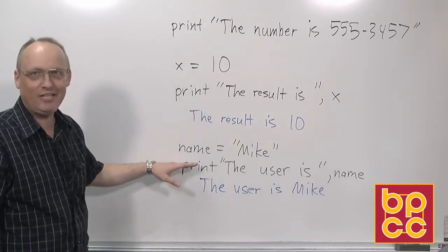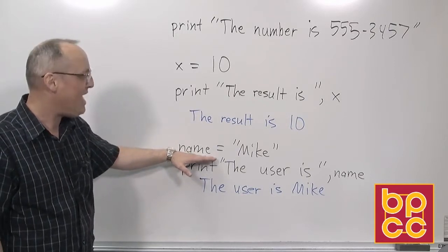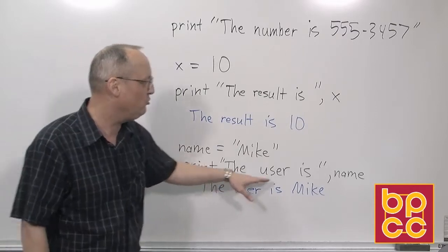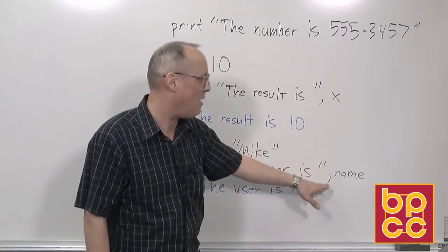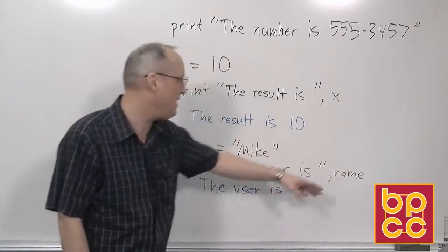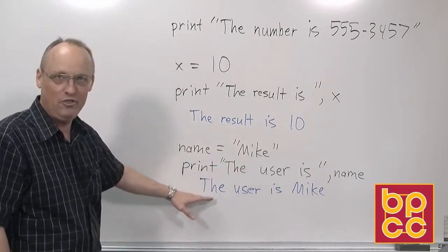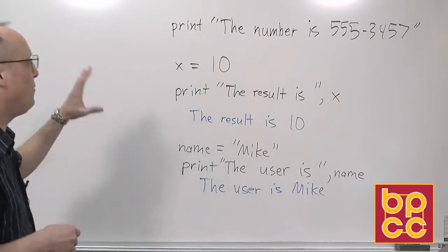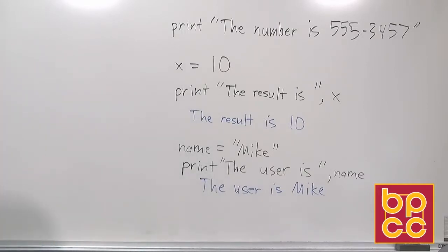Next, if you're working with a text string, you have name equals the person's name, and you'll say print the user is, close quote, comma, and then put the variable name, and then it puts that result there. The user is Mike. Now those are basic operations.